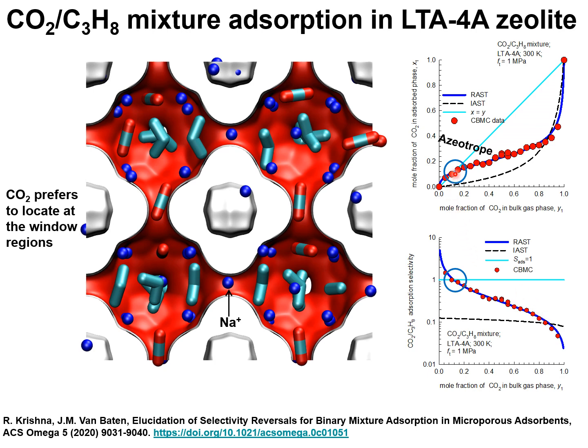Indeed, for bulk CO2 compositions of 0.1 mole fraction, we have azeotropic adsorption, shown by these points here. So this is an example of thermodynamic non-idealities engendered due to non-homogeneous distribution of gas molecules within the pore framework.